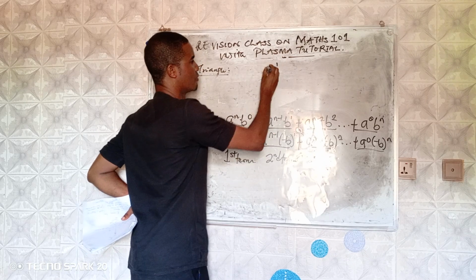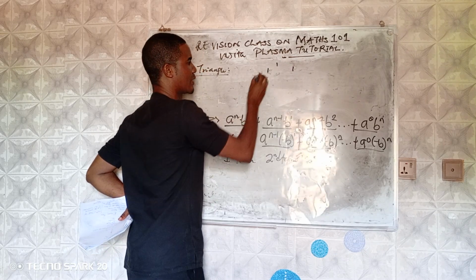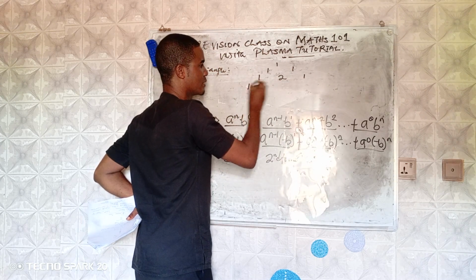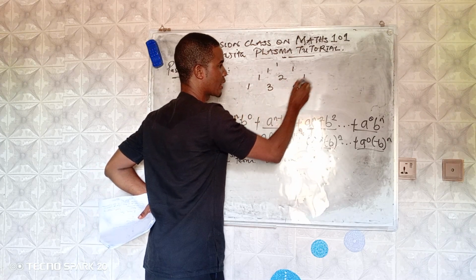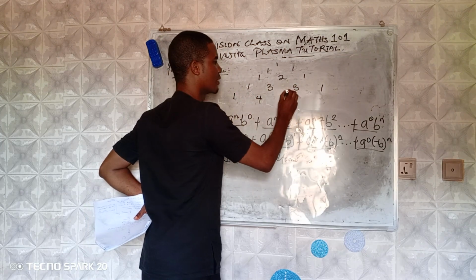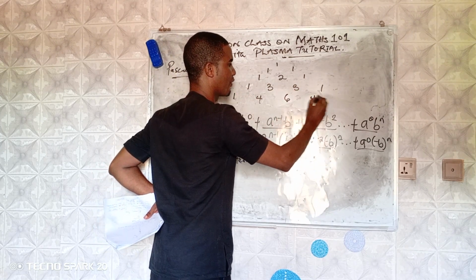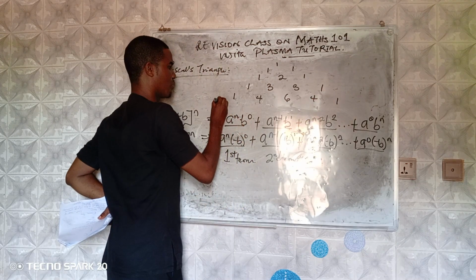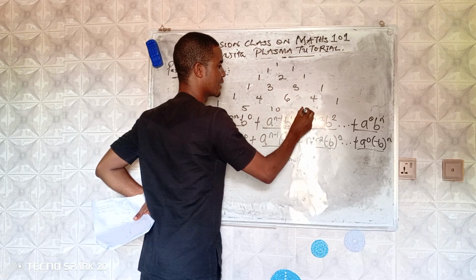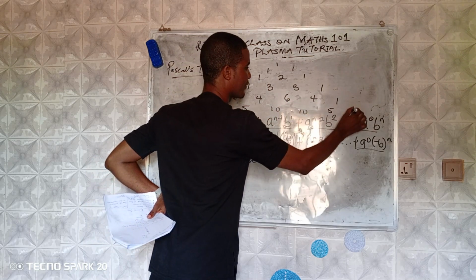I have 1, then I have 1, 1, then 1, 2, 1, then 1, 3, 3, 1, then 1, 4, 6, 4, 1. Then 1, 5, 10, 10, 5, 1.